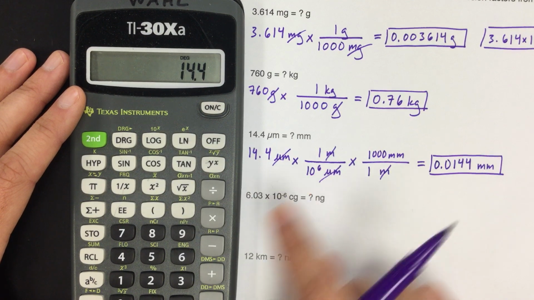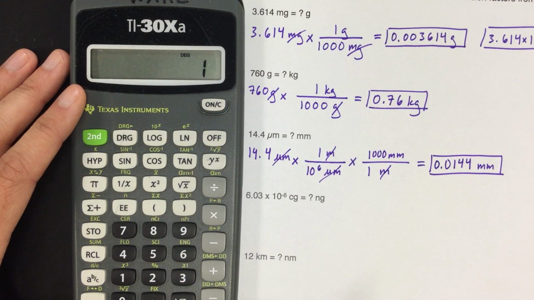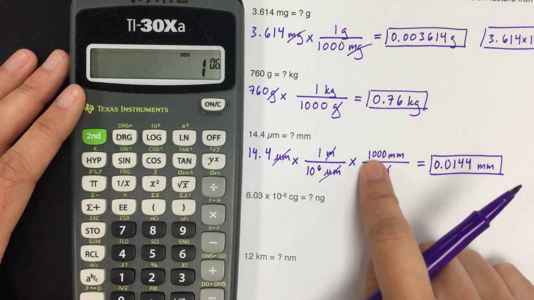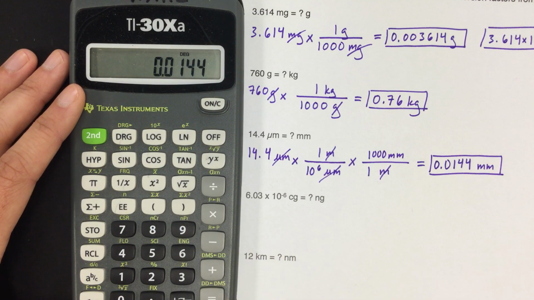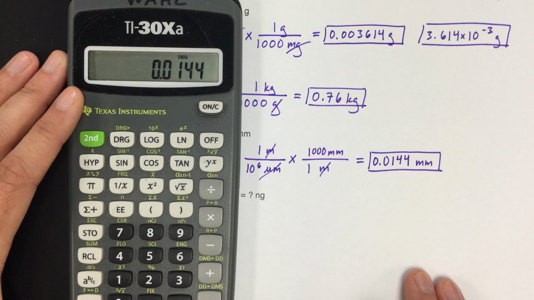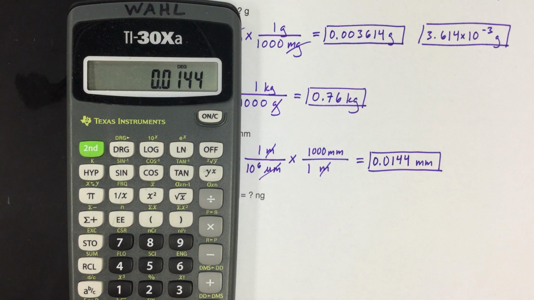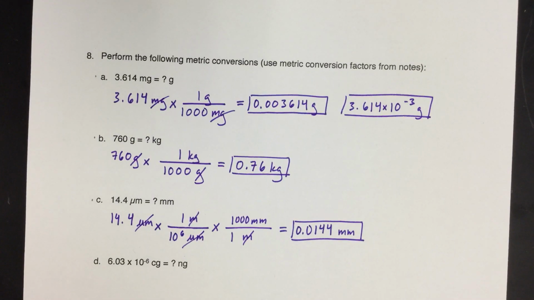So if you were going to do EE, which means times 10 to the, you just type 1, EE, and this is the power of 6. Then you also need to multiply by 1,000, and that gives us the same answer. So you have a few different options for how to type that into the calculator. If you have another way to do that, you can ask me if it works, or just check to make sure your answer is the same.